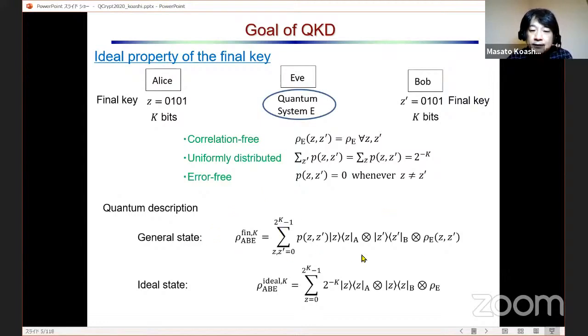Because Alice's key and Bob's key are classical objects, we can describe them by using some orthogonal basis here. Then Eve's quantum system may depend on the key value in the general state. But the ideal state satisfying these conditions looks like this. Here it is decoupled from Eve, the key value is always the same, and the probability is also uniform. So this is the ideal state, and this is the goal of quantum key distribution.